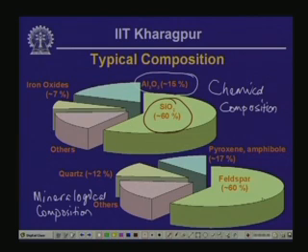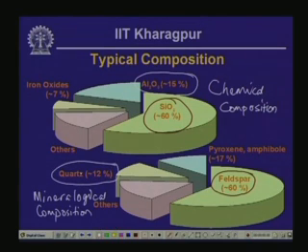Next in the order of abundance is alumina. Whereas, if you look at the mineralogical composition, then the two chief minerals that exist in magma include feldspar and quartz.